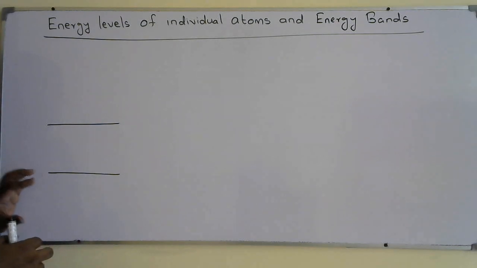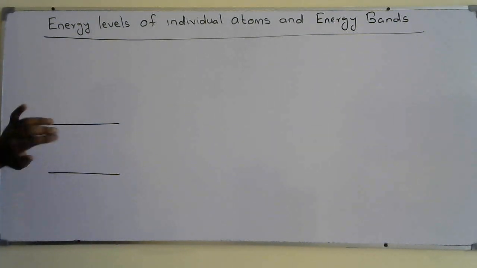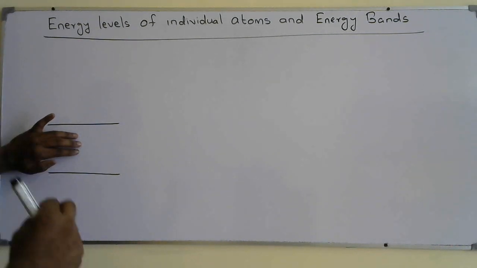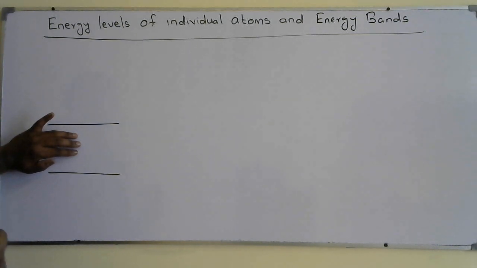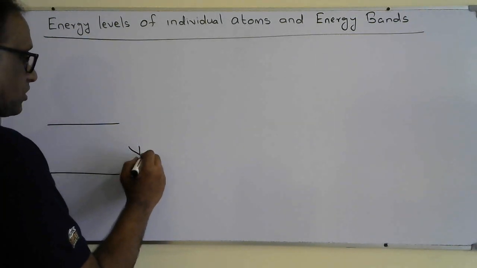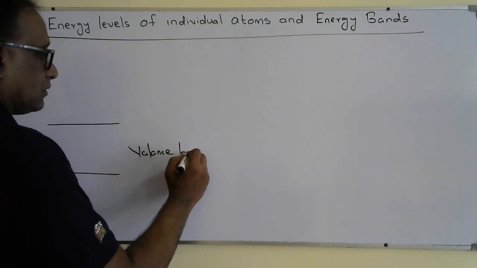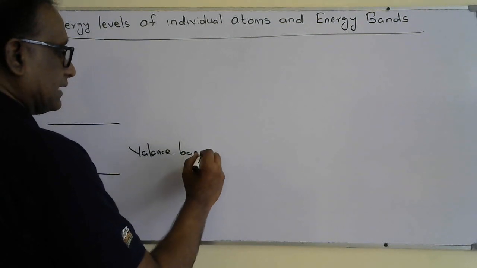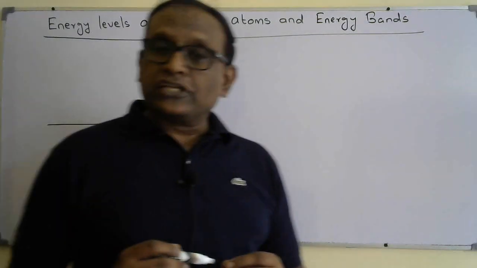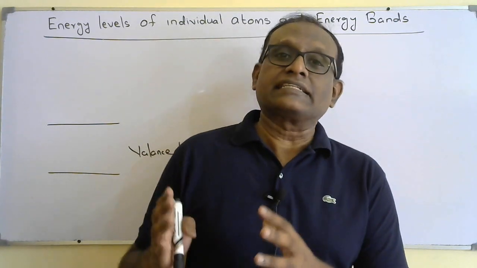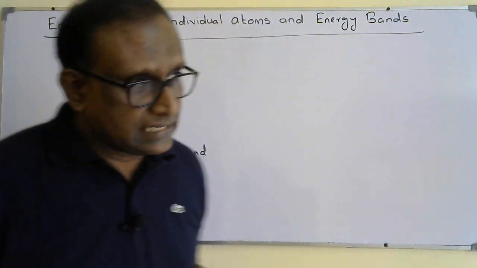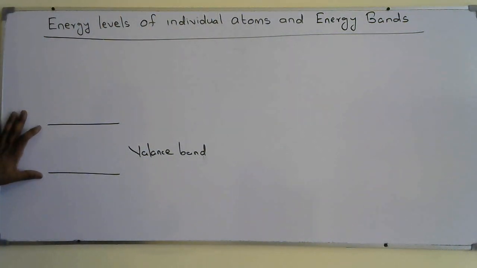The valence band consists of all the electrons in the valence orbit of the atom and the electrons in the inner orbits of the atom. At 0 degrees Celsius, the valence band is a completely filled band.